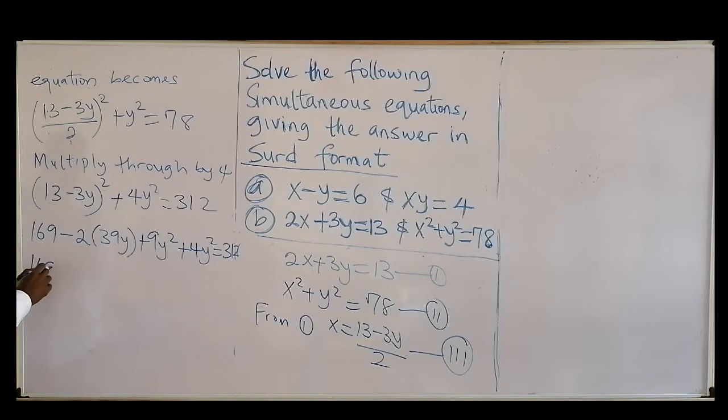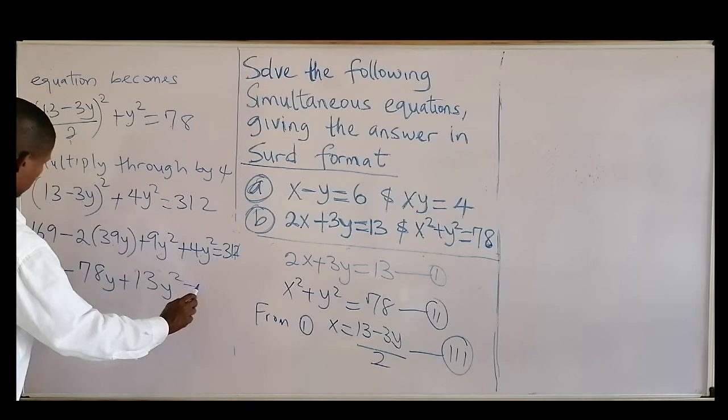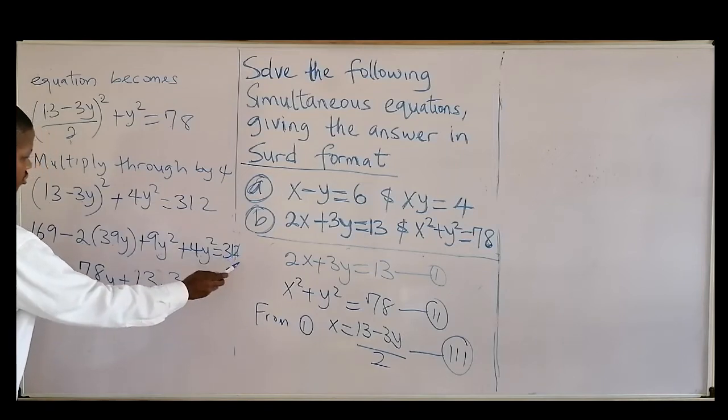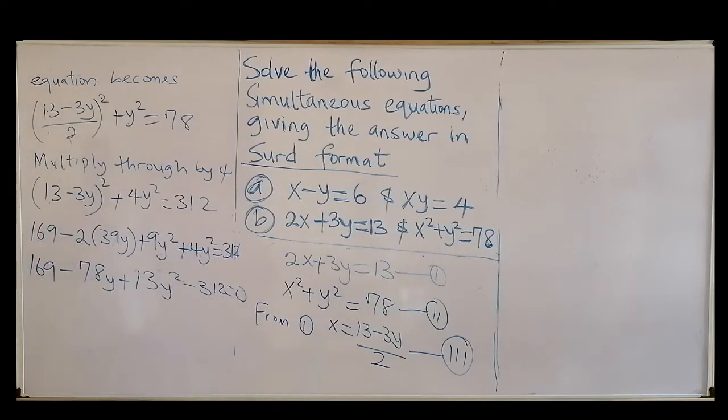That 169 minus 2 times this, that's 78y. This one and this one, that's 13y squared equal to, okay, we can move this 312 to the left side, that's minus 312 equal to 0.